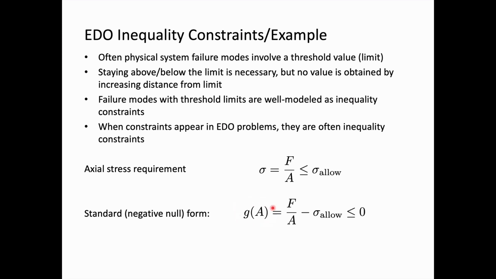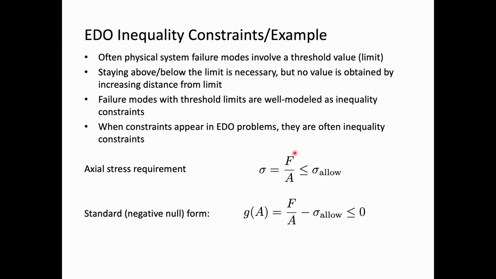Here, g of a is the inequality constraint function, and that is equal to the actual stress minus the allowable stress. And the standard way of defining these inequality constraints is such that if the function value is less than or equal to 0, then we say the design is feasible.